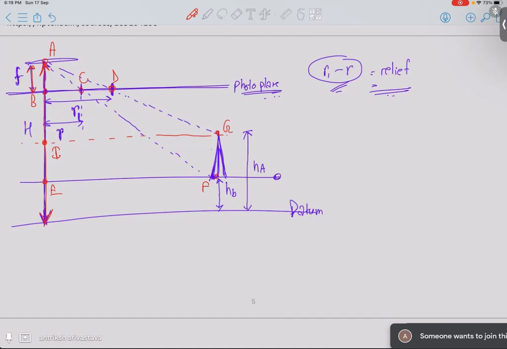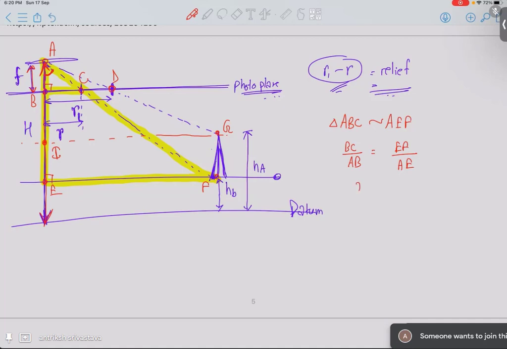Now if you look at the triangle ABC, which is similar to triangle AEF, are you able to identify this triangle ABC and AEF? So these triangles are similar because they have this angle 90 degrees, and this angle is the same, so the triangles will be similar. So when they are similar, we can say that BC divided by AB is equal to EF divided by AE. Let's put in the values.